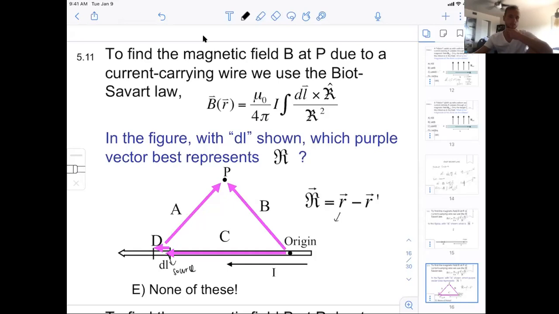That is vector B. So that's your R. And which one of these represents R prime? C. It's going to be choice C. That's going to be the position of where the source is. So it'll be from origin to the source, so that's R prime. And you can see indeed, following the head to tail method, R minus R prime gives you vector A. Okay, so A is correct.